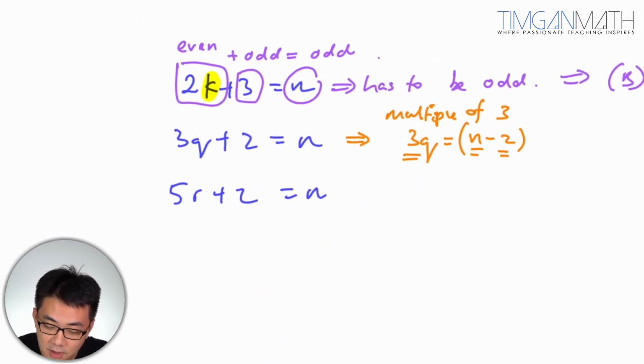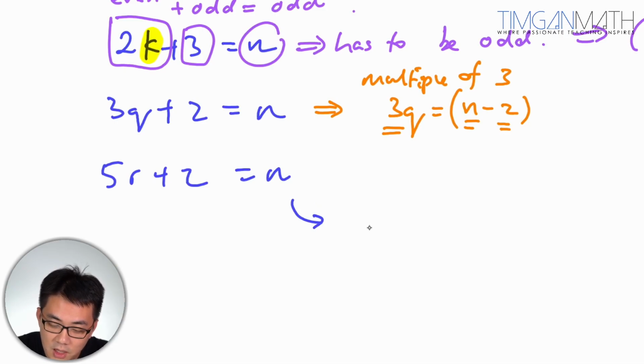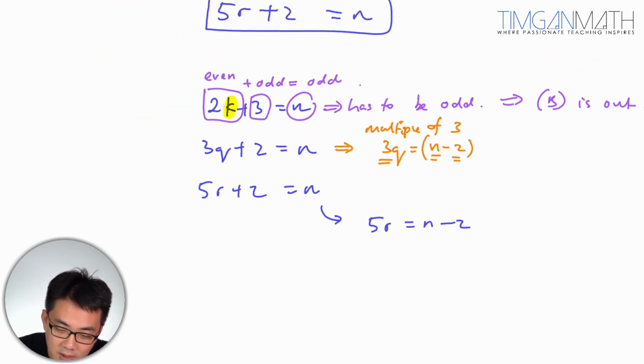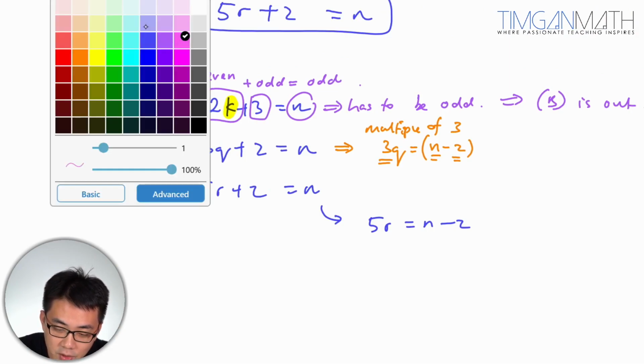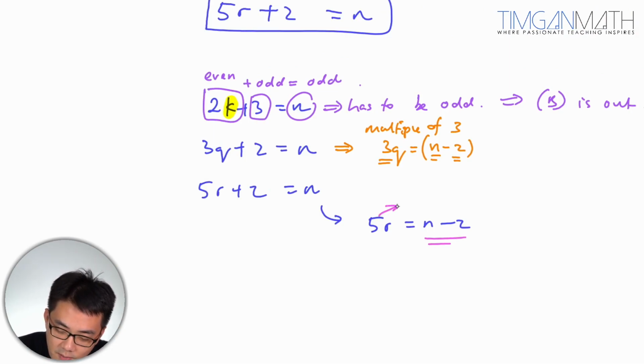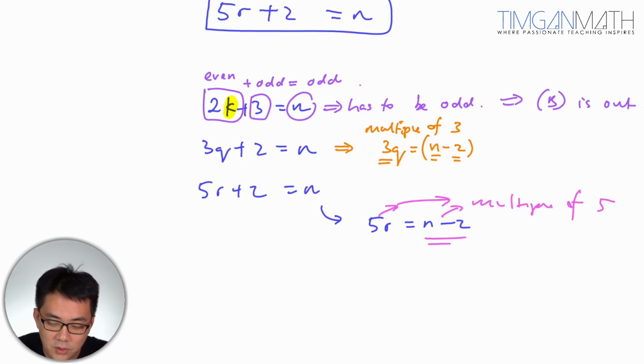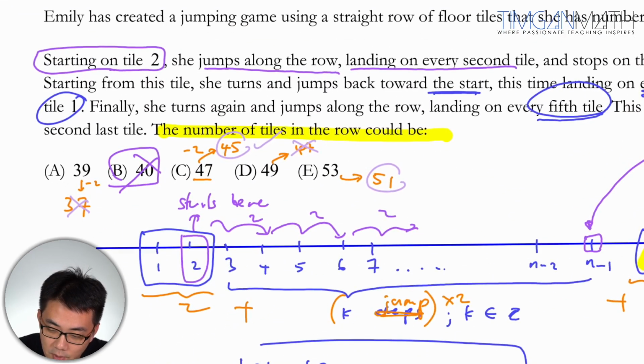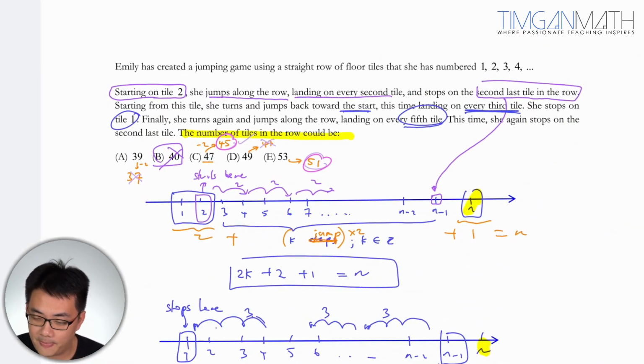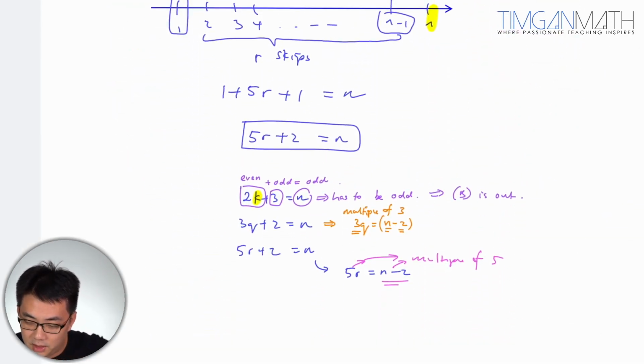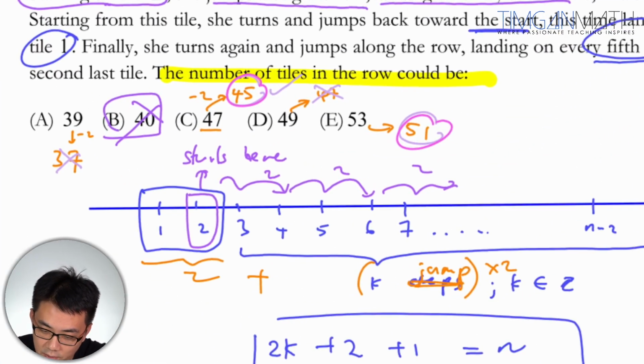Then you do the same thing here: 5r equals n minus 2. If you subtract 2, you have to make sure 5r is a multiple of 5. Sorry, I made a mistake.